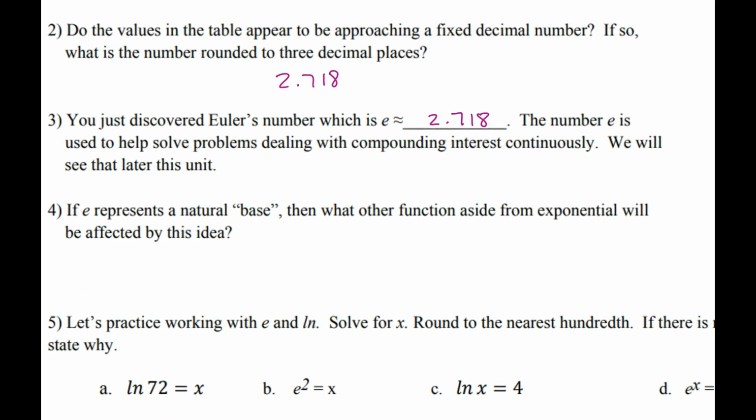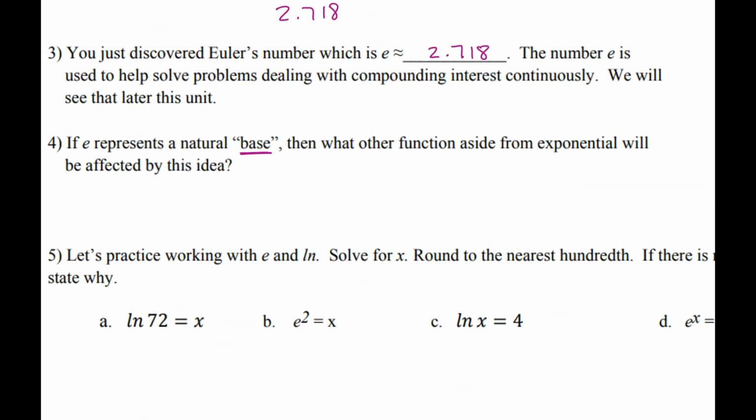What else have we learned that has a base? Because E is the base of an exponential function. So E is an exponential. What else have we learned that has a base? Oh, logs.